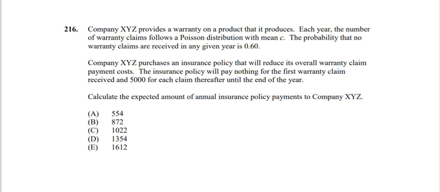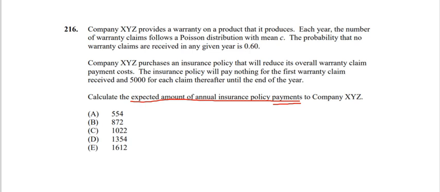For this problem, we want to find the expected payment for this company. So we check what the payment is.